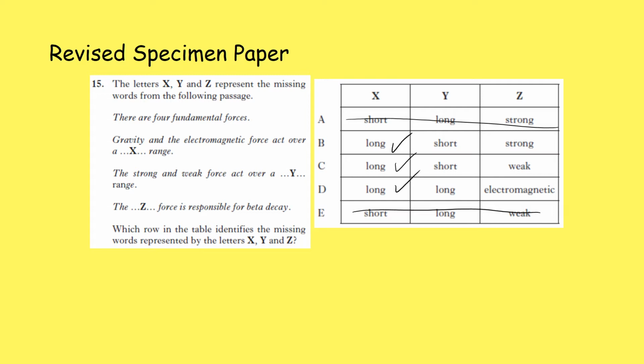They're the ones that are associated with the forces holding particles together, neutrons and protons. So those two are correct. We're cutting out D. The weak force is associated with beta decay. Because remember, the weak force is what holds the protons and the neutrons in that stable nucleus. So our answer is C.